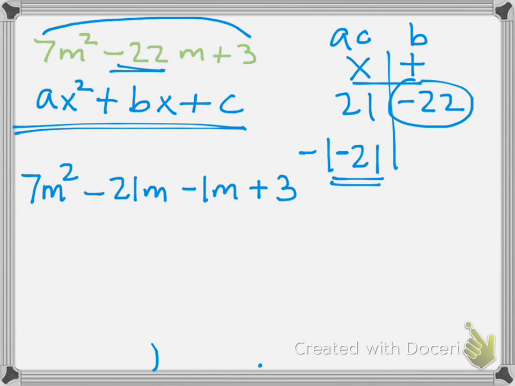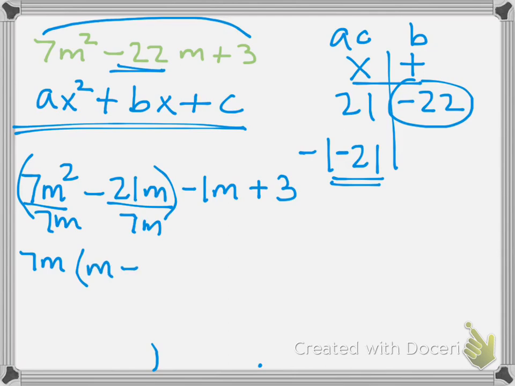Okay, and now you just factor by grouping. So I group it. I take a 7m out. I'm left with m minus 3. Well, the other thing is I want this to say m minus 3.